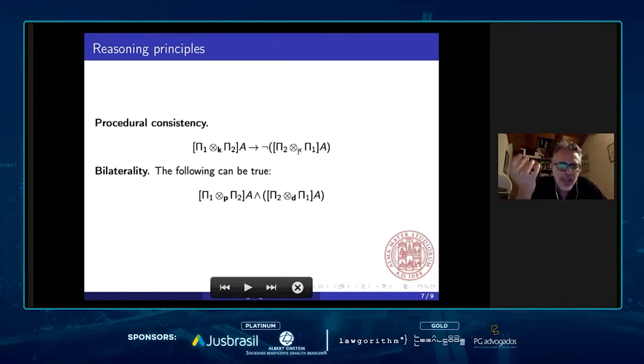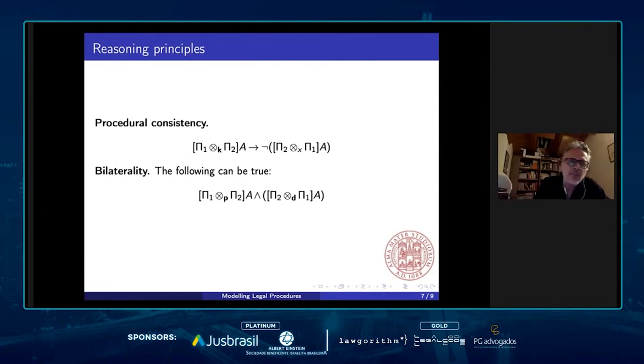Why? Because if the court establishes that pi1 should be preferred over pi2, then this is true and cannot be put in question by the other agents. But except for the court, you may definitely have that two different agents have different preferences.